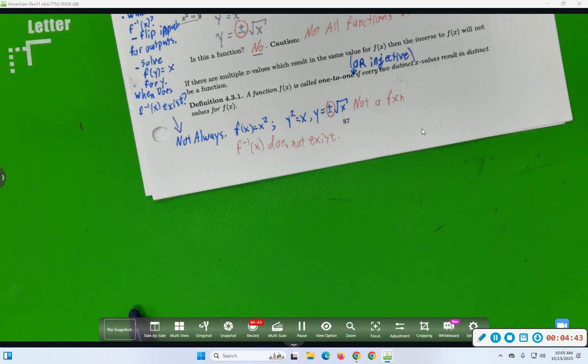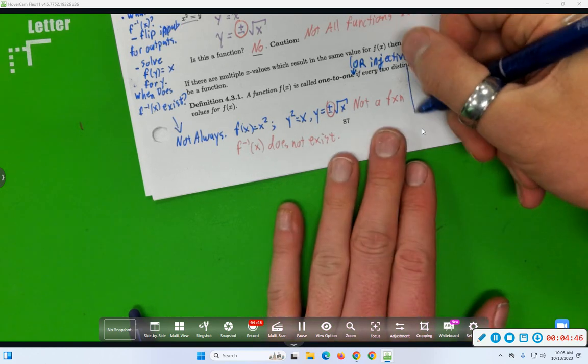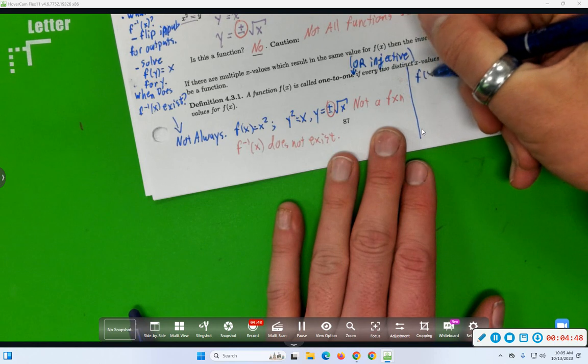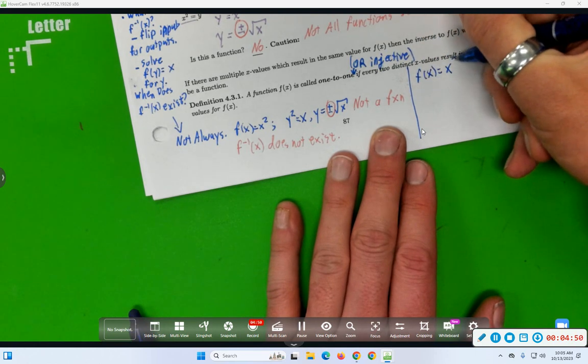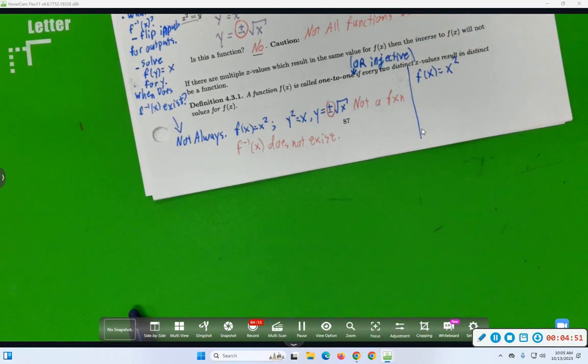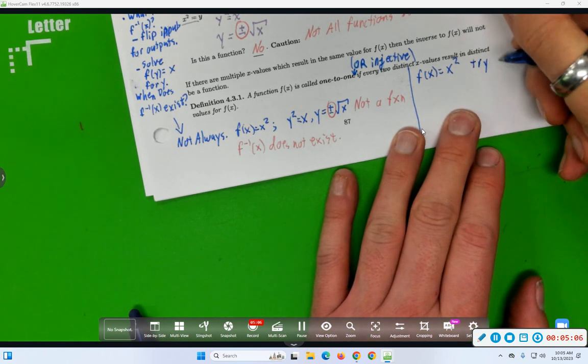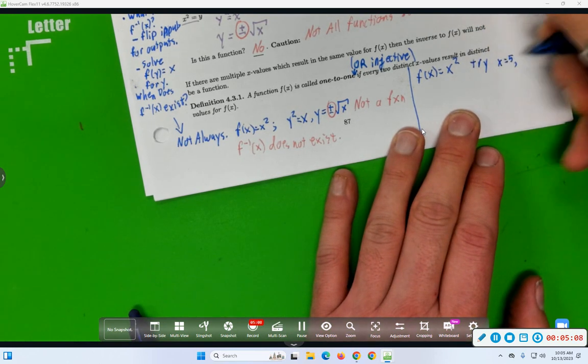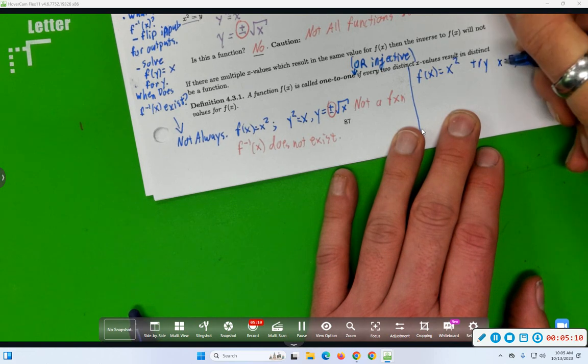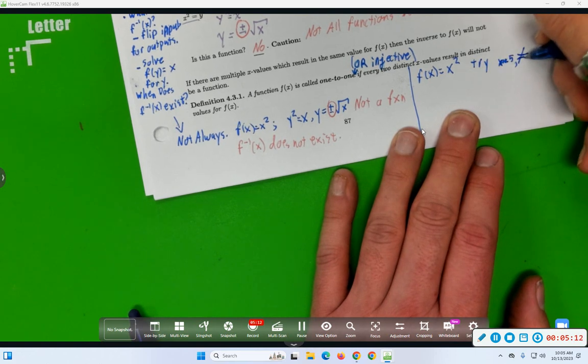And let's think about the squaring function. Can you give me two different x values that result in the same output value for this function? What two numbers are you thinking of? 5 and minus 5. That'll do. So let's try x equals 5, which is not equal to negative 5.